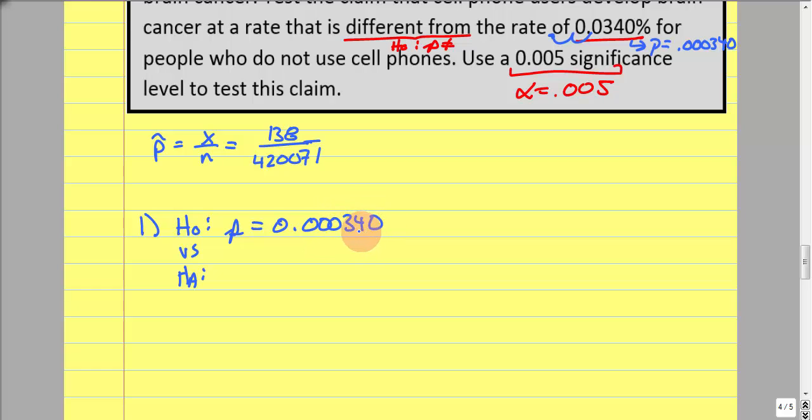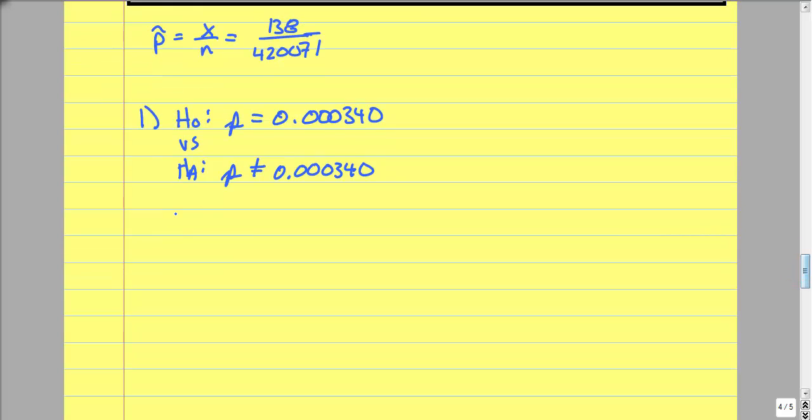Remember, these are very, very small numbers, so we have to be careful about this. Now this means different from, so this is my not equal to case. The equality always goes with my H0. Second step is to state my level of significance, which was very, very small here. It was 0.005.